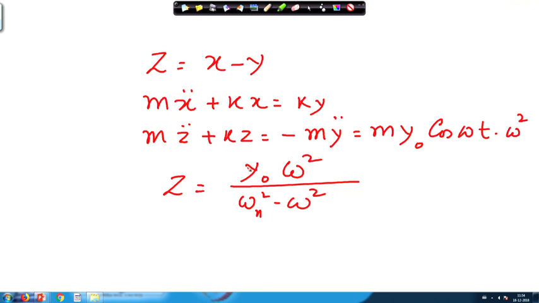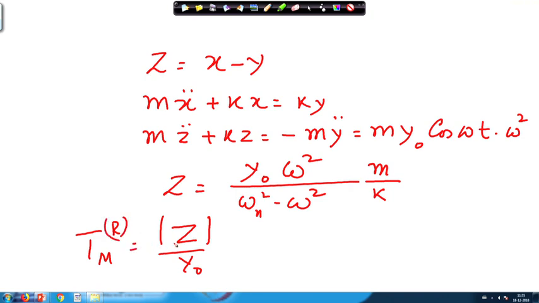Now again we see the motion transmissibility, with m by k, so the motion transmissibility z by y naught is the relative motion transmissibility.